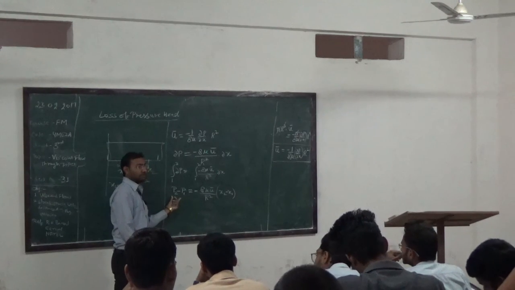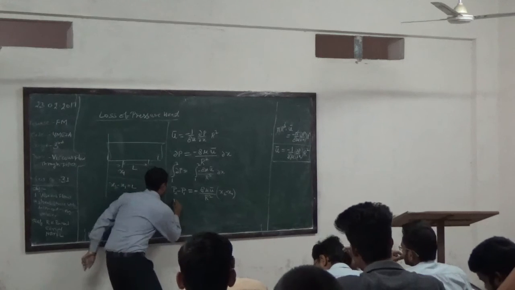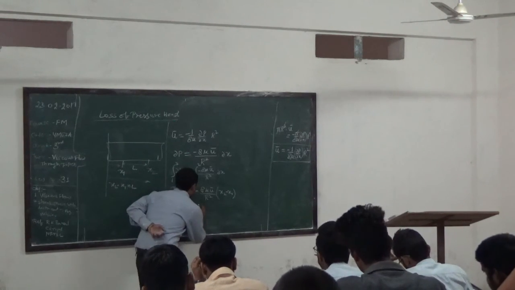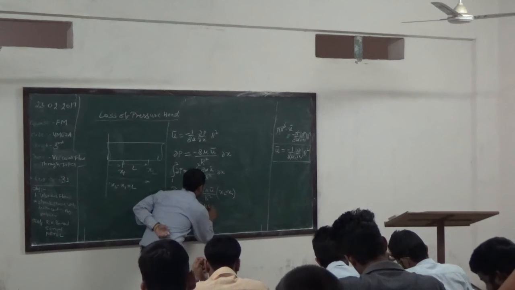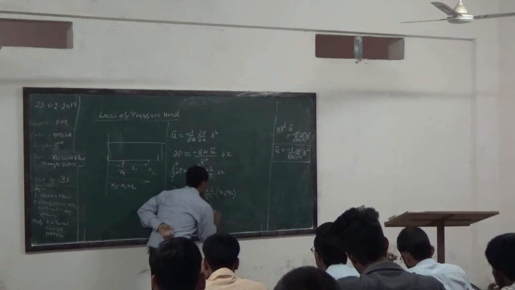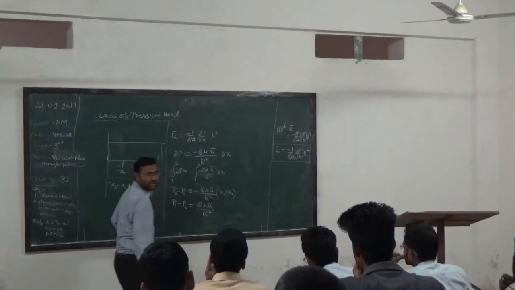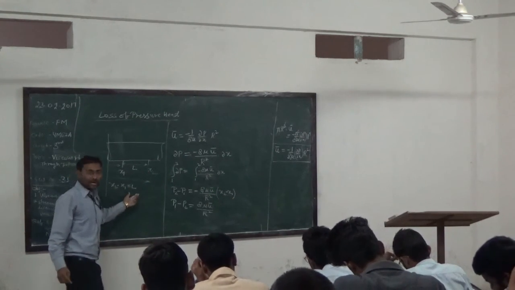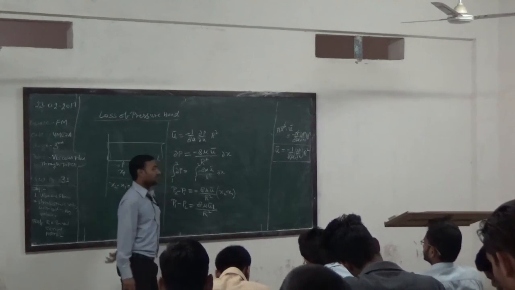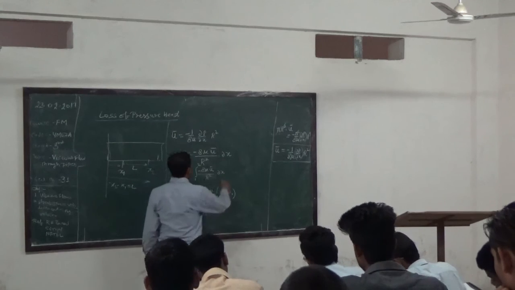So this equation will become P1 minus P2 is equal to 8 mu u bar R square, and x2 minus x1 I can replace by capital L. So 8 mu u bar L divided by R square.